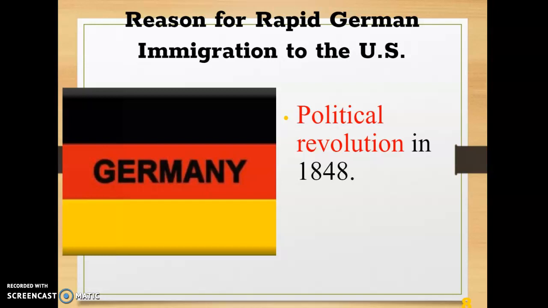So you're going to have a huge influx of Germans. In fact, they'll be the largest immigrant group serving in the Civil War. Once we talk about the Civil War, my great-great-grandfather being one of those immigrants that will come over during this time period. But yeah, a lot of Germans coming to the United States to escape political conflict in their home country.